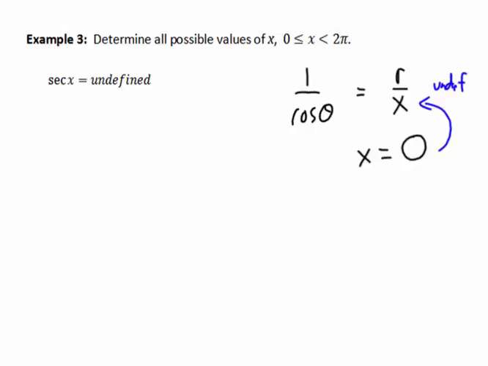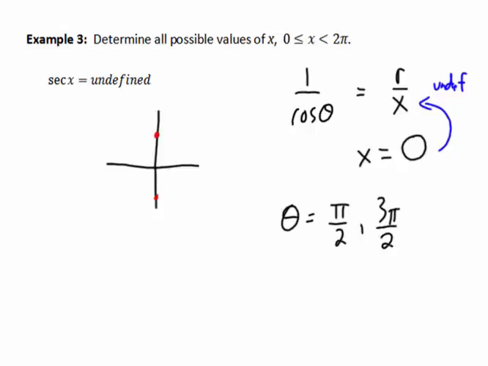So we go back to our quadrantal angles and we figure out where x is equal to 0. Well, x is equal to 0 at the 2 points we found before. There they are. That's where x is equal to 0, and our theta that corresponds to that would be pi over 2 and 3 pi over 2.